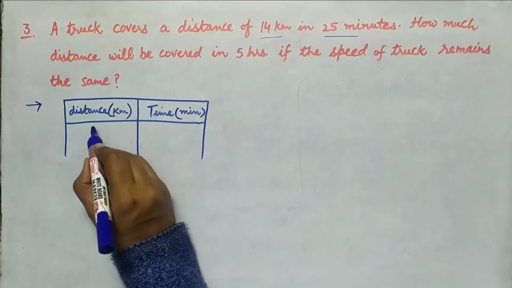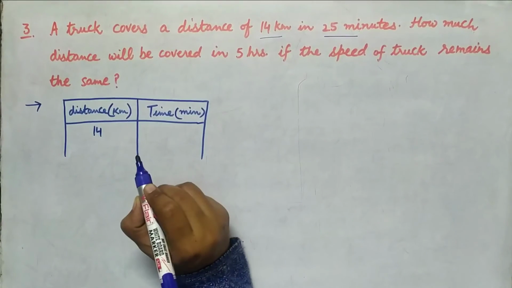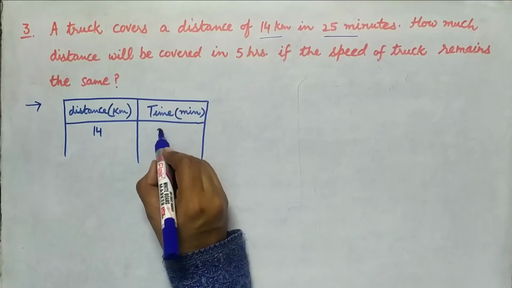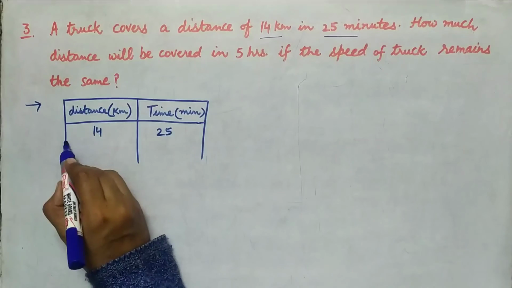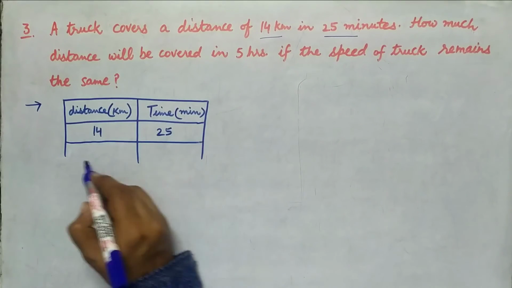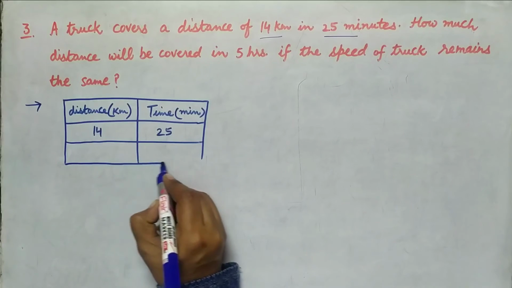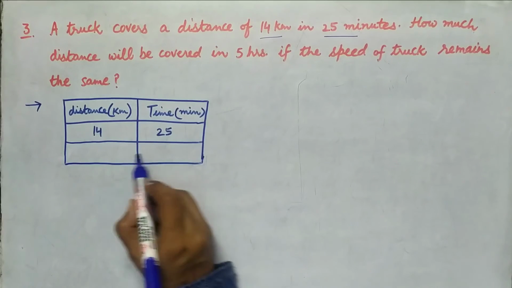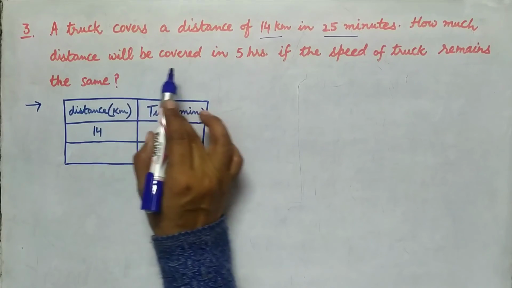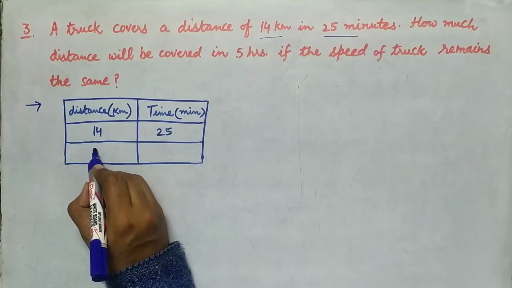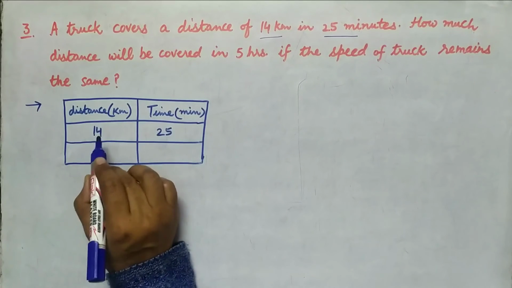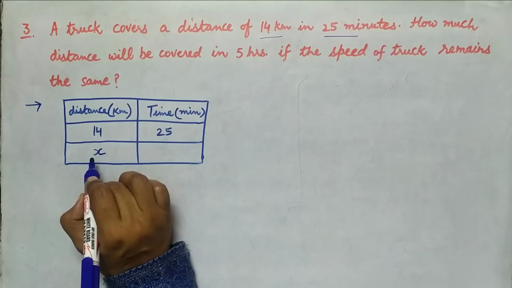Distance of 14 kilometers, and time is 25 minutes. This is the first row of this table with values, and the second row will be how much distance will be covered. Here we use x. Distance is not given.